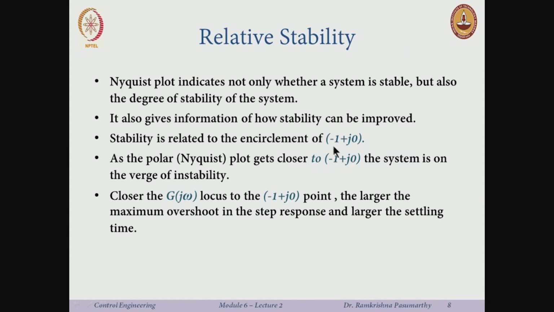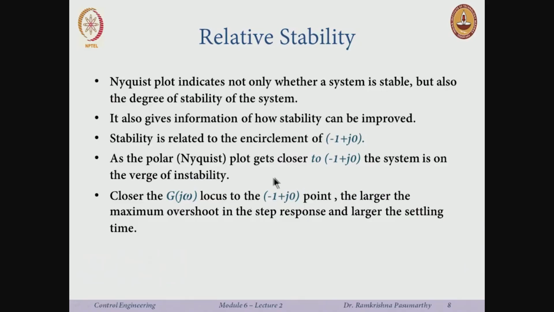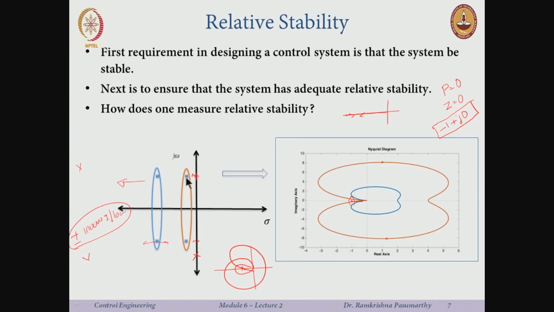Since the deciding factor is the point minus 1 plus j 0, and this entire stability criterion depends on the encirclement of that point, the plot tells us that as it gets closer and closer to minus 1 plus j 0, the system is on the verge of instability. The closer it is to minus 1 plus j 0, the larger is the maximum overshoot in the step response, and so is the settling time. Closer to minus 1 plus j 0 means closer to the origin here, which means the damping is very small and things like that.